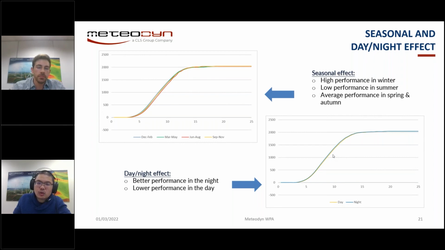It was one of our surprises, because in the beginning we thought that the difference between day and night would be much higher than that. But the data shows that there are differences between day and night, but the difference is not as high as expected.